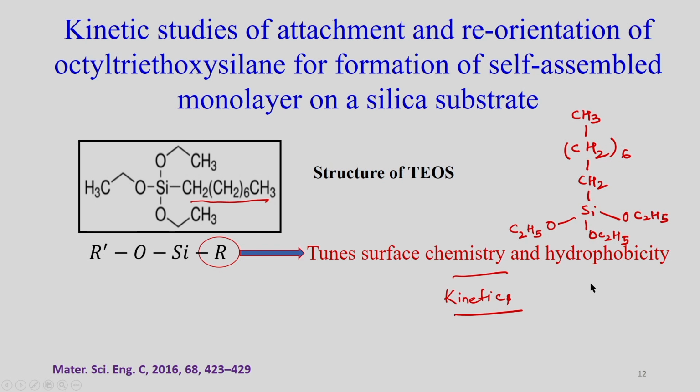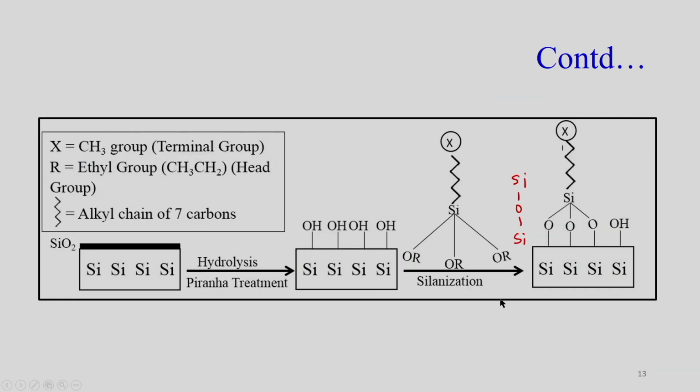At the same time the Si-O-C bonds should be decreasing because they are getting hydrolyzed, right. So, there should be a decrease in Si-O-C, this bond is removed and Si-O-Si is formed.